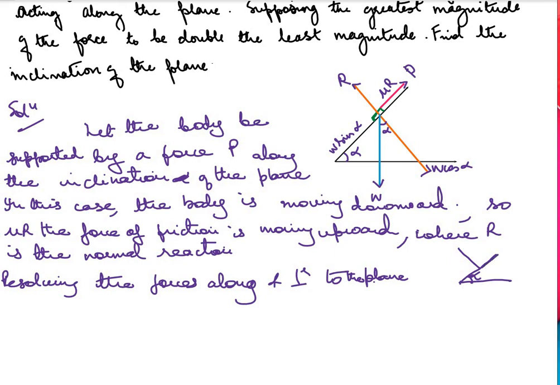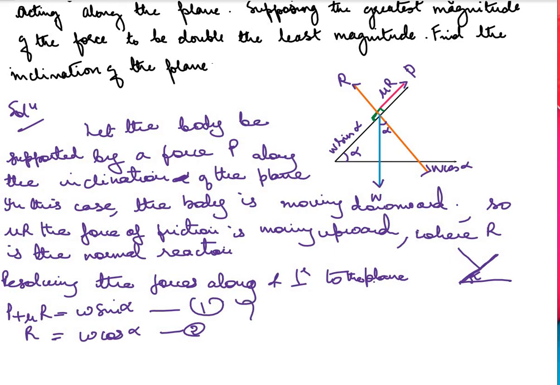By resolving the forces along the plane, as you can see from the figure, the forces along the inclined plane are W sine alpha, mu R and P. But mu R and P are in the same direction. So we have P plus mu R is equal to W sine alpha, equation 1. And R is equal to W cos alpha, equation 2.